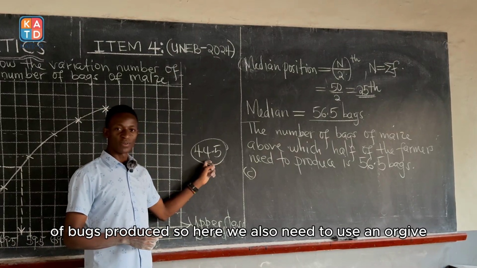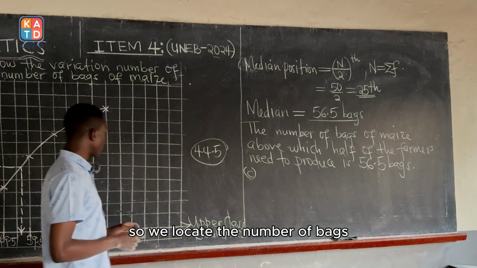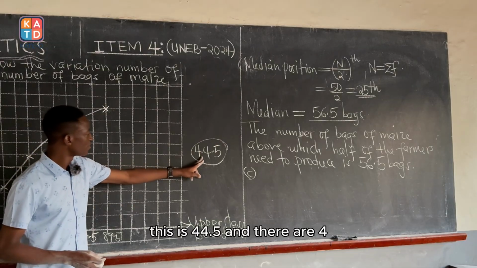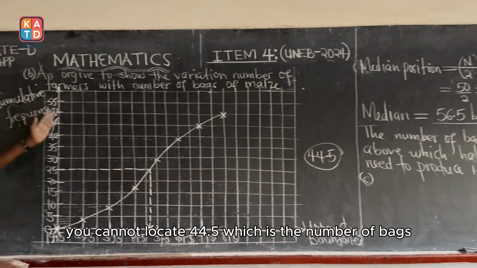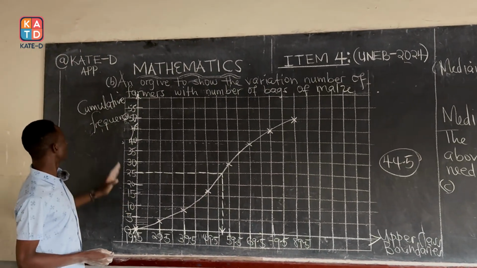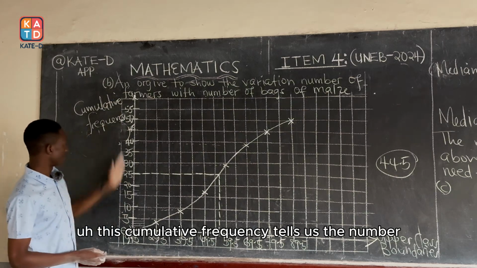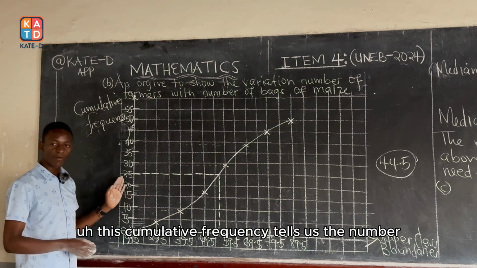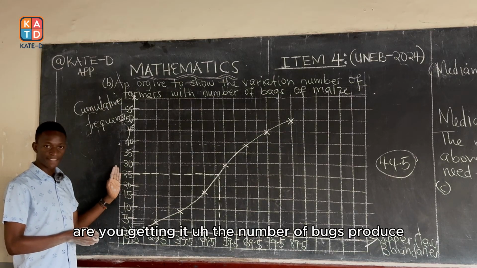So here we also need to use an ogive. So we locate the number of bags. This is 44.5. Remember, this cumulative frequency tells us the number of bags produced. Are you getting it?